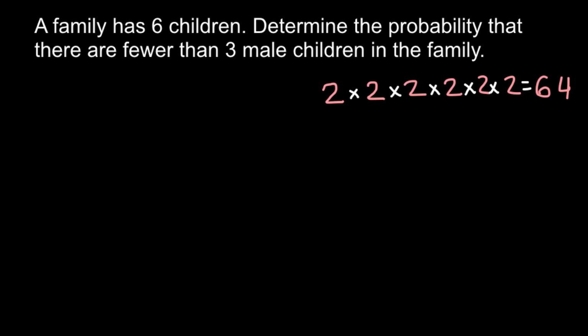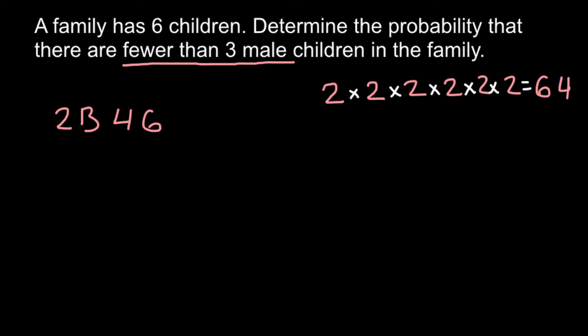And only combinations when the family would have 2 boys and 4 girls would meet the requirement of our problem, fewer than 3 male children. So 2 boys and 4 girls would be fewer than 3 male children.